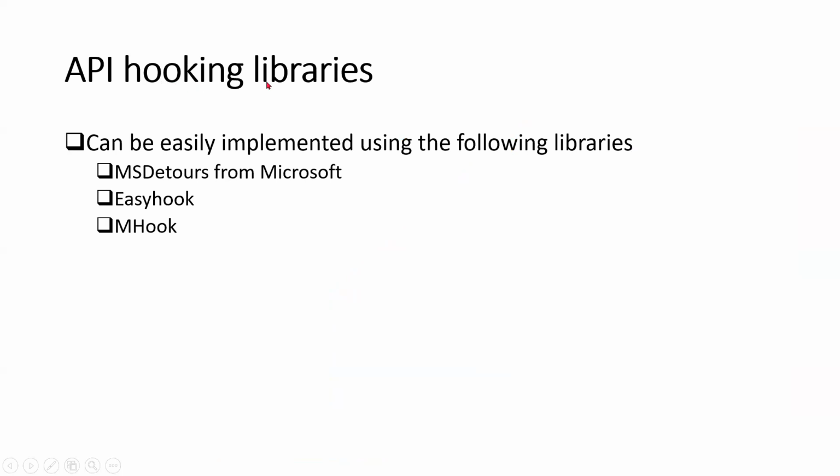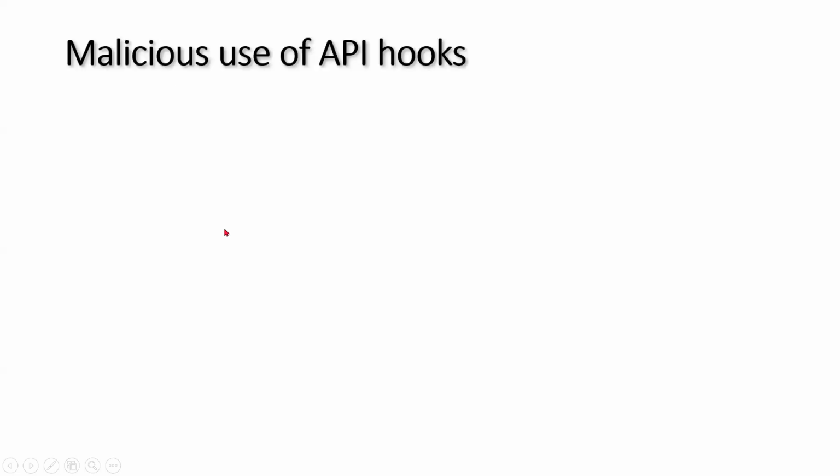Now there are API hooking libraries which facilitate implementing API hooks. The popular ones are MS Detours from Microsoft, EasyHook, and mhook. Let us talk about malicious use of API hooks. API hooks can be used to implement rootkits, which can be used to hide malicious artifacts on a system. If a malware wants to hide a process from Task Manager, it is going to hook into the Task Manager process.